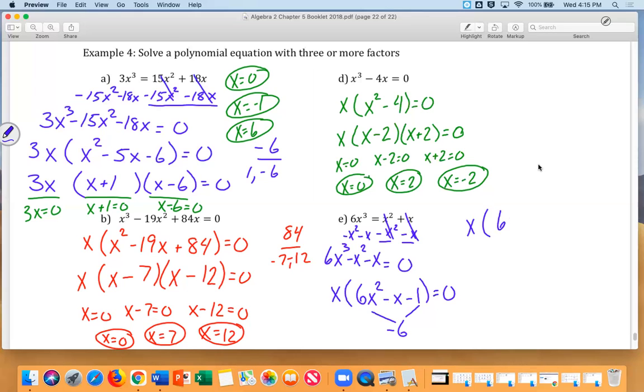So I'm going to have 6x squared plus, let's do plus 2x minus 3x minus 1. And I know this is all confusing, so we can just really focus on just this piece for now. So if we just focus on this piece, I can come back and deal with that x later, but it's still there.